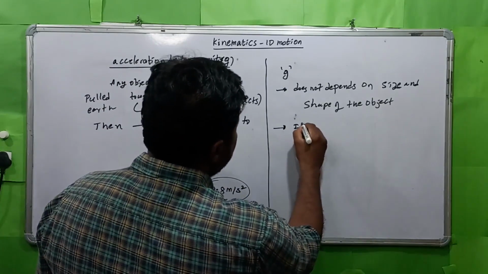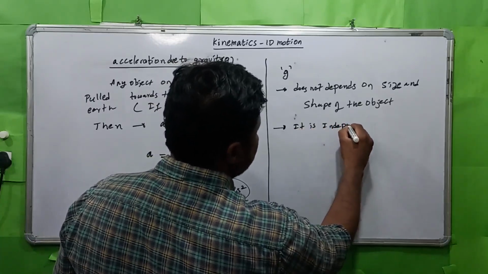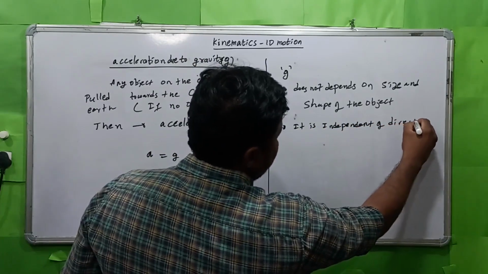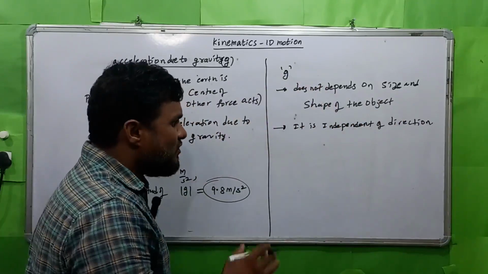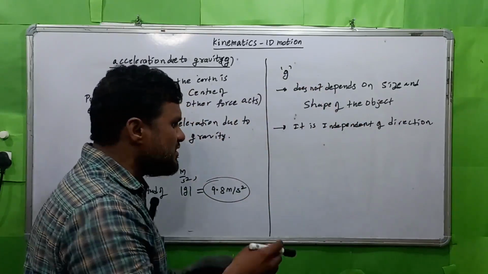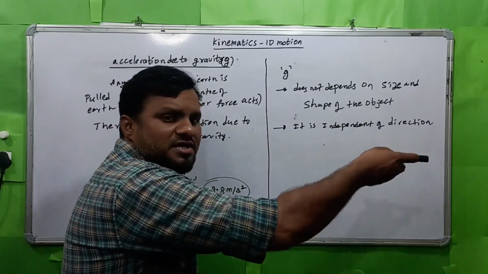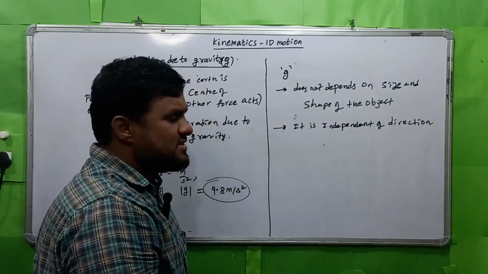And it is independent of direction. It means g does not depend on a particular direction. Whatever direction the bodies are moving, upward, downward, or horizontally forward, g always acts towards the center only.